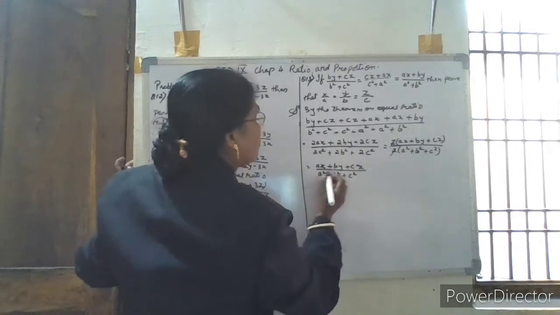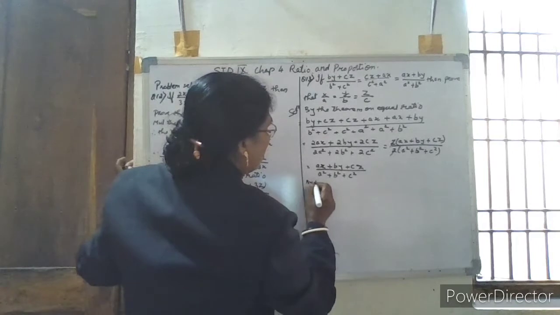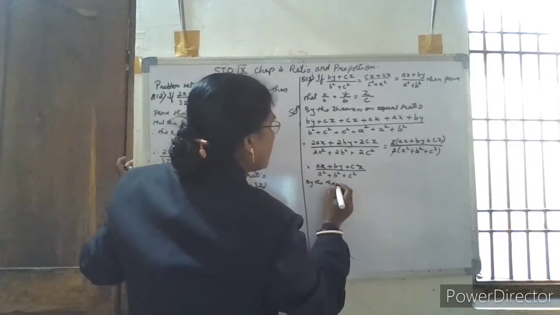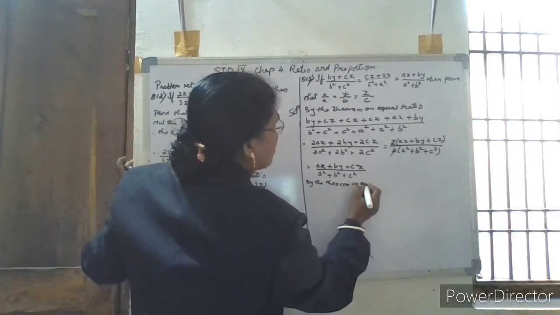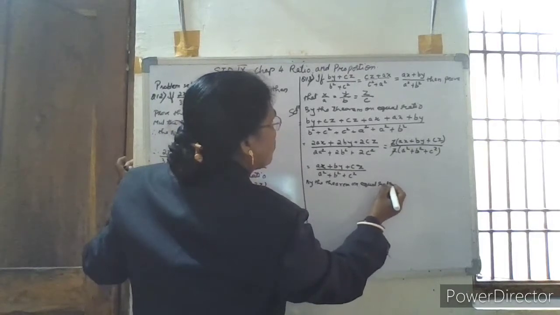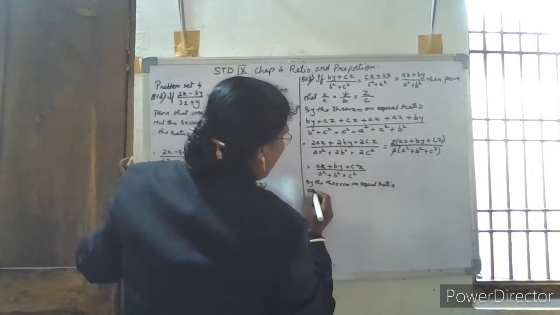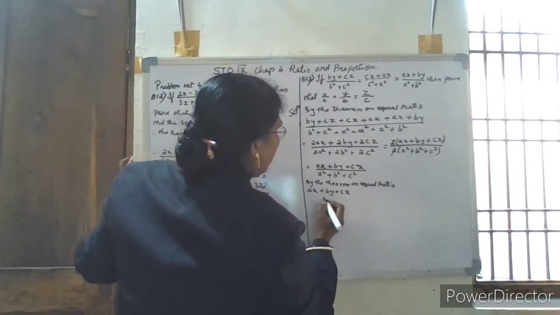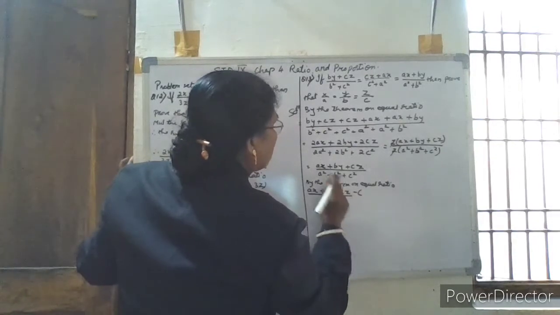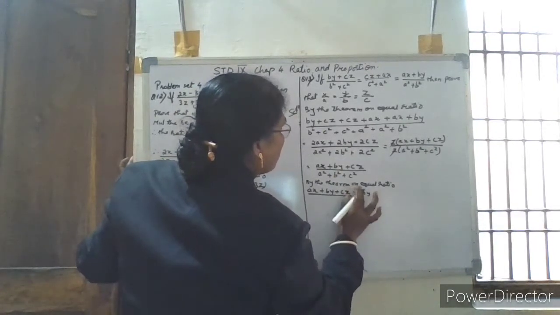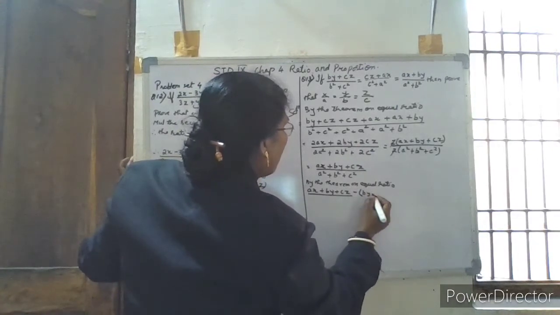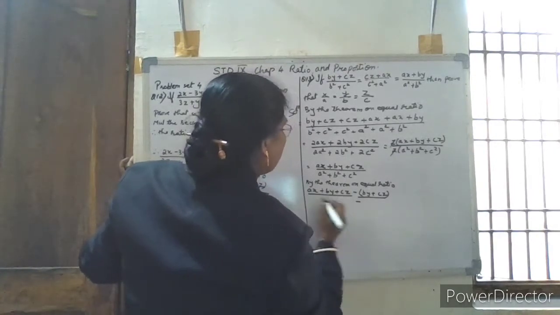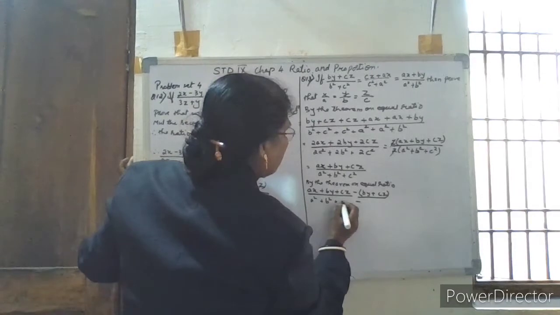By the theorem on equal ratios, every time we can do the same. (ax plus by plus cz) upon (a squared plus b squared plus c squared) minus these two terms, (by plus cz) upon (b squared plus c squared).